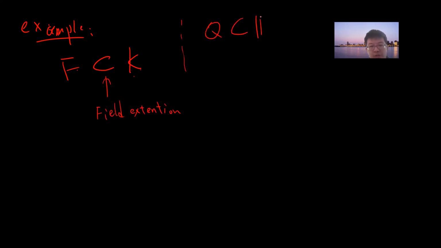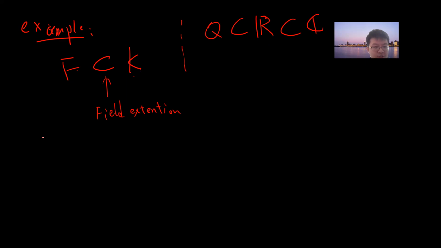One famous example is that you get a field and you take another field, so you get a field K which contains F. This is called a field extension. A common example is that the real numbers are an extension over Q, and the complex numbers are an extension over R. So you have K and take a subset that is also a field.